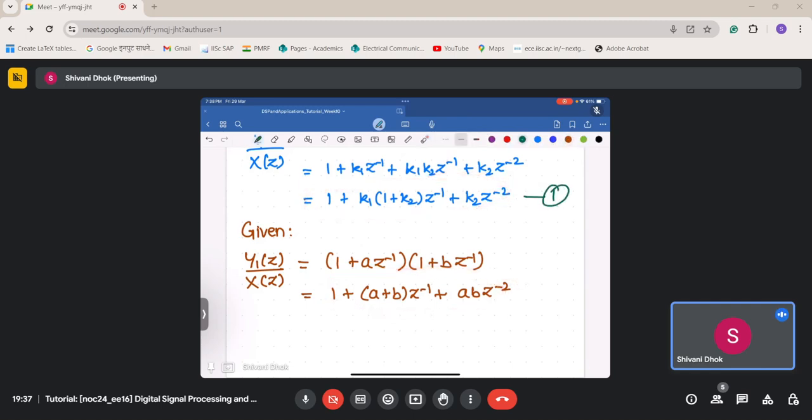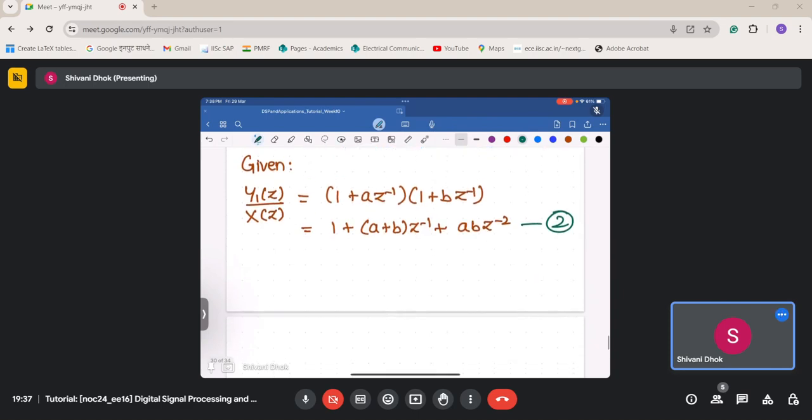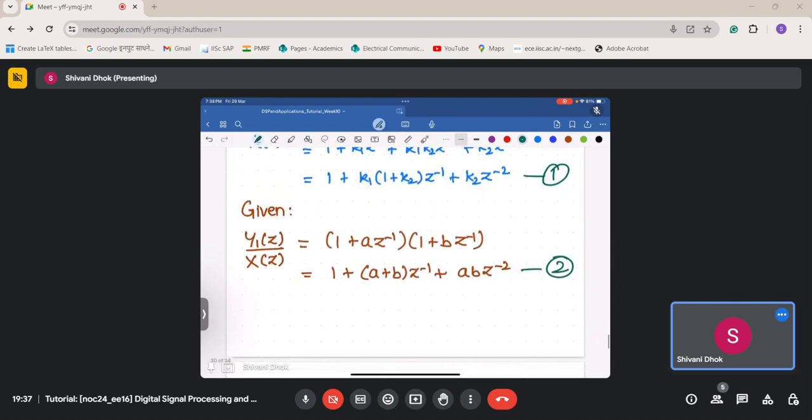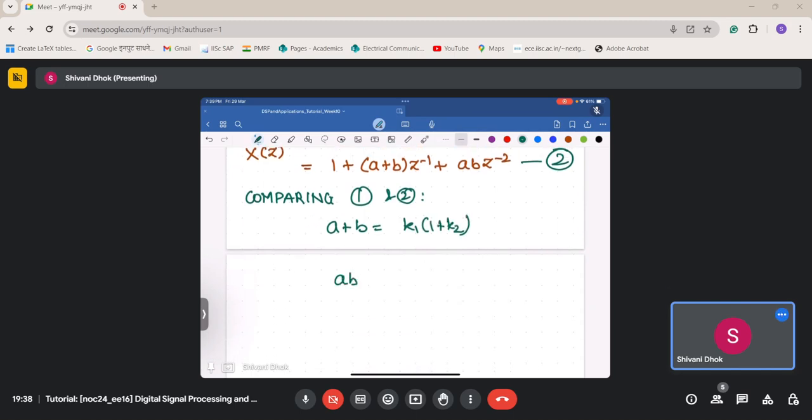This is my equation 1 and this is my equation 2. So comparing 1 and 2, we have a plus b equal to k1 into 1 plus k2 and ab equal to k2. Okay, so this we have.